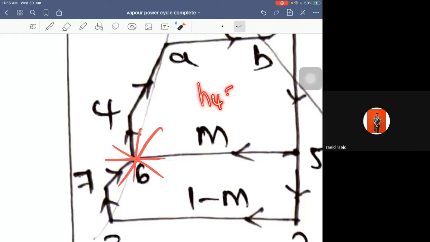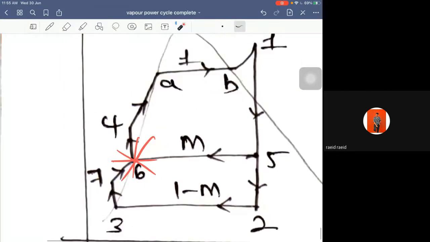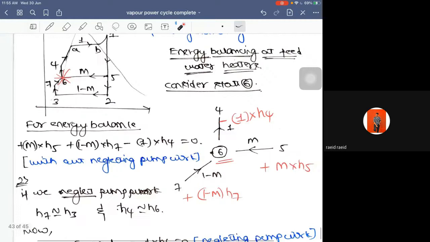H4 is equal to H6 if I neglect the pumping work from 4 to 6. Yes, sir. So if I neglect the pumping work from 3 to 7, H3 would be equal to H7. The same thing I have written here.